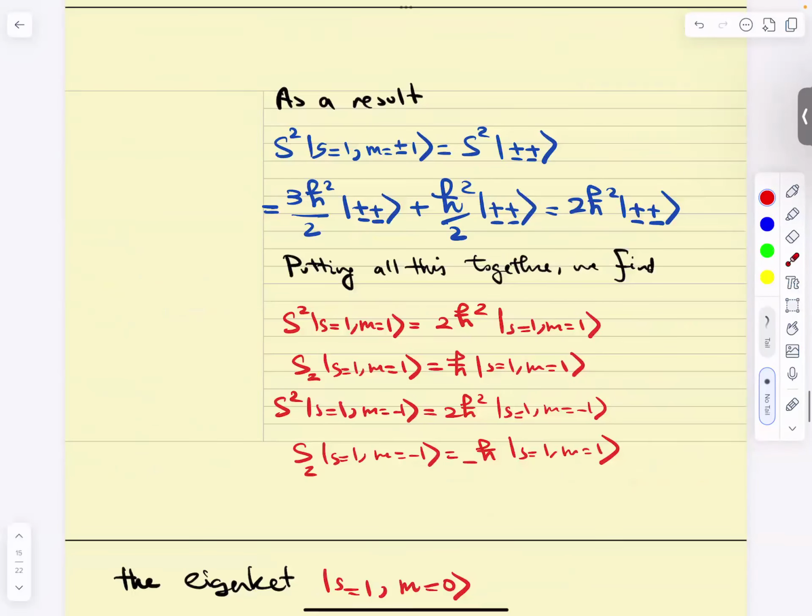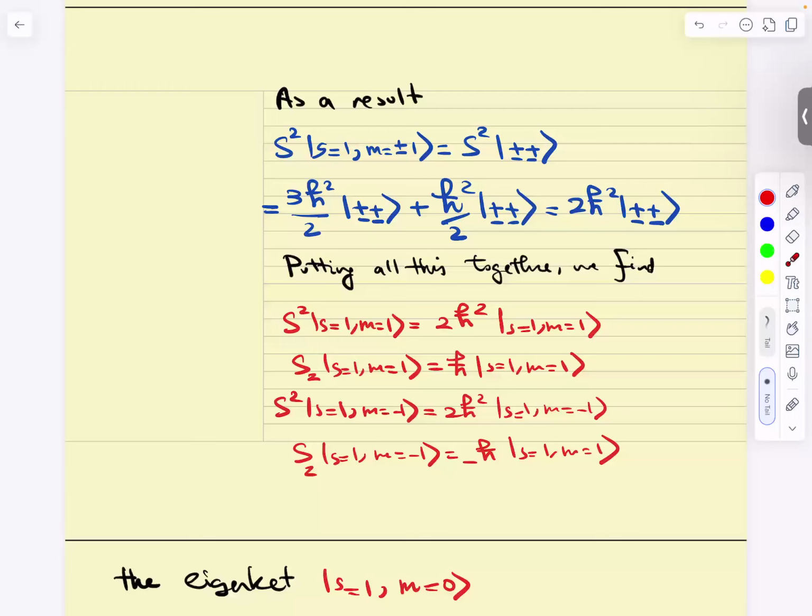Putting everything together, you learn that the kets plus plus and minus minus are actually eigenkets of the total S squared with eigenvalue 2ħ squared. We're going to call these kets S equals 1, M equals plus or minus 1. Why? Because they satisfy these relations. I think this needs an explanation. Let me do that. So what did we find? We found the following.